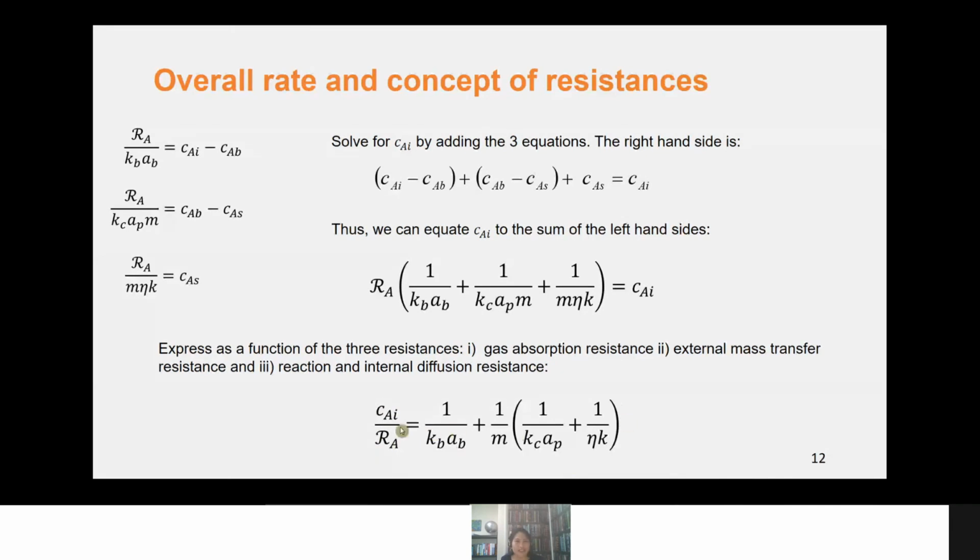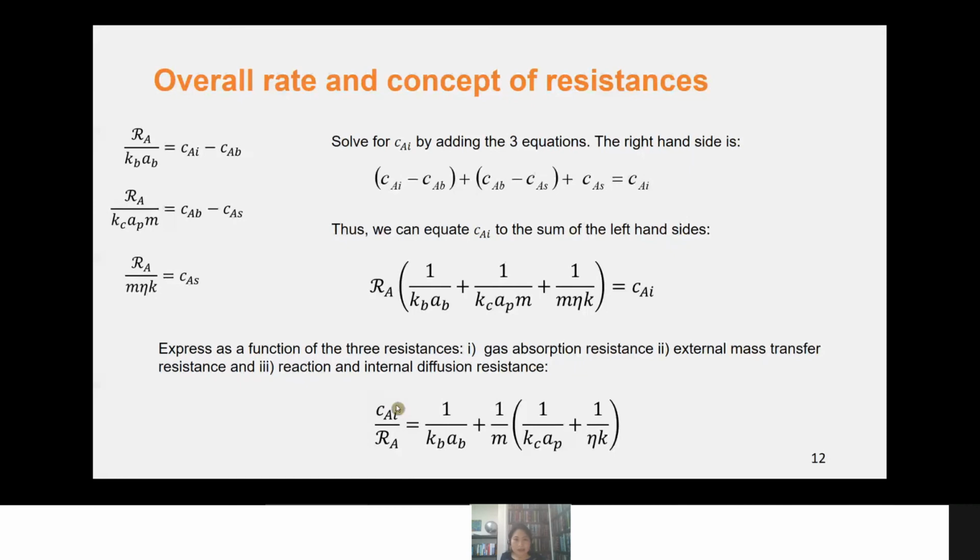This is very useful because if we obtain data in the lab, we obtain this CAi divided by RA at different catalyst loadings M. Then we can plot our data, fit a trend line, and get a measure of the various resistances. So how do we get these data?